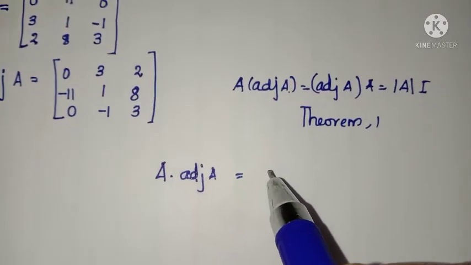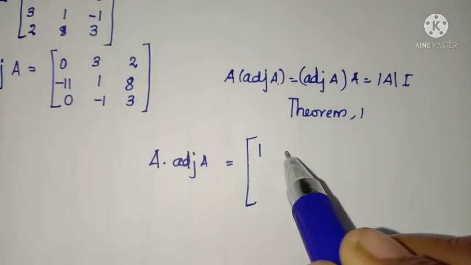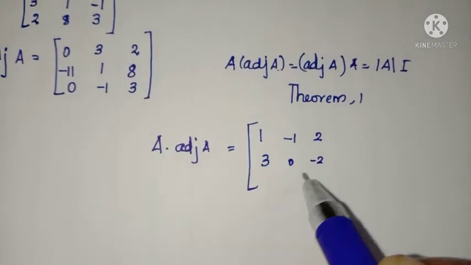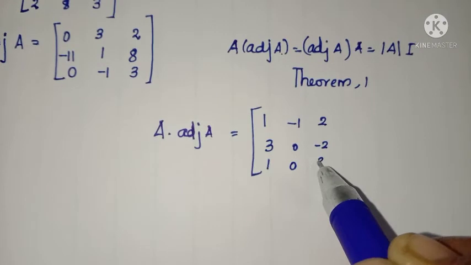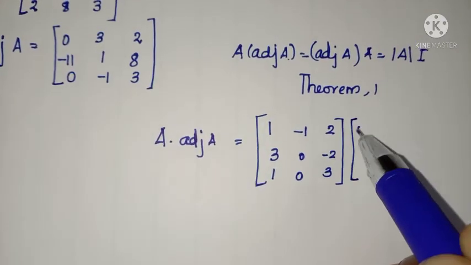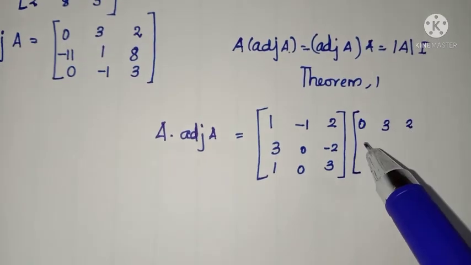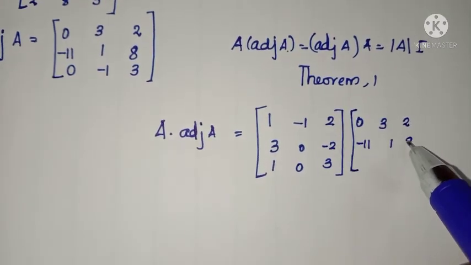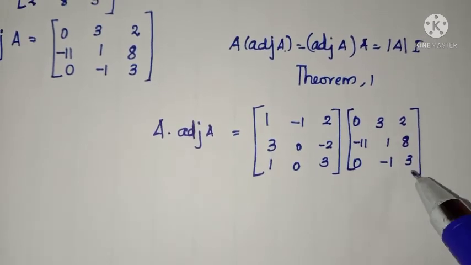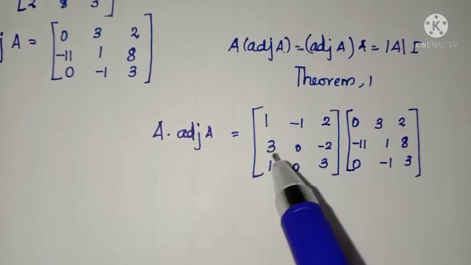So here the matrix A is 1 minus 1 2, 3 0 minus 2, 1 0 3, and adjoint matrix is 0 3 2, minus 11 1 8, 0 minus 1 3. Now recall matrix multiplication.